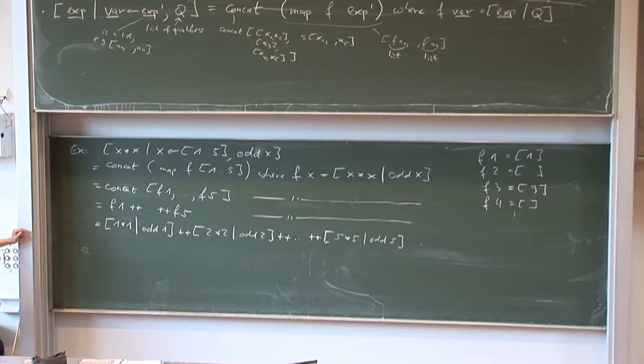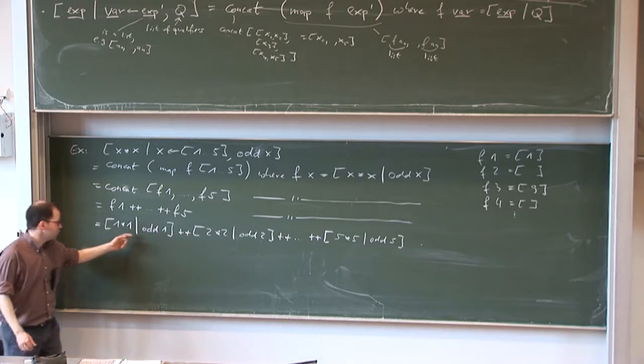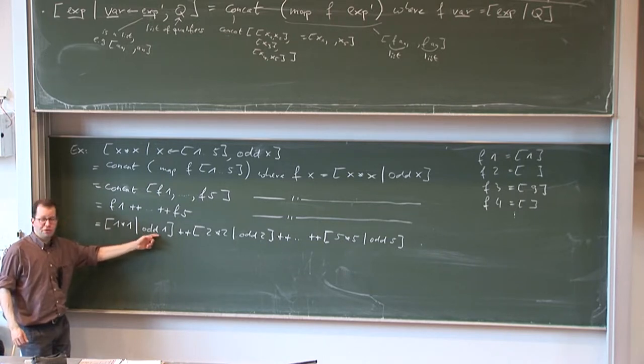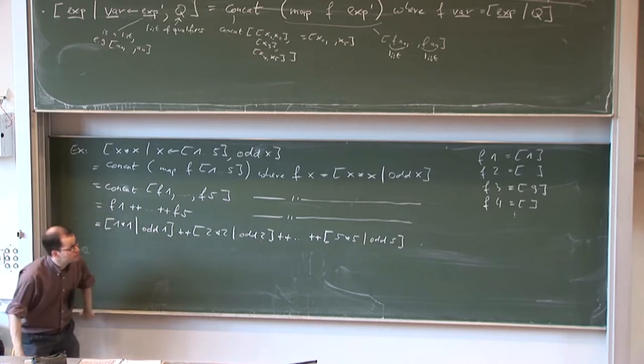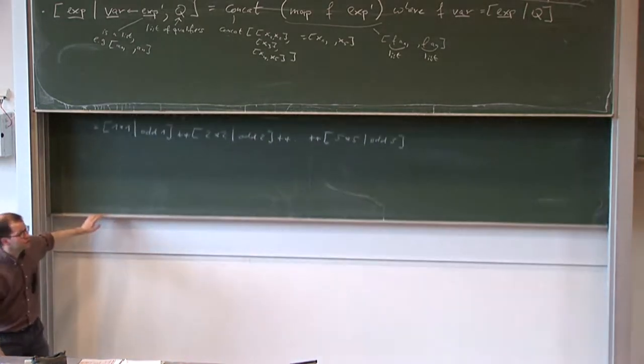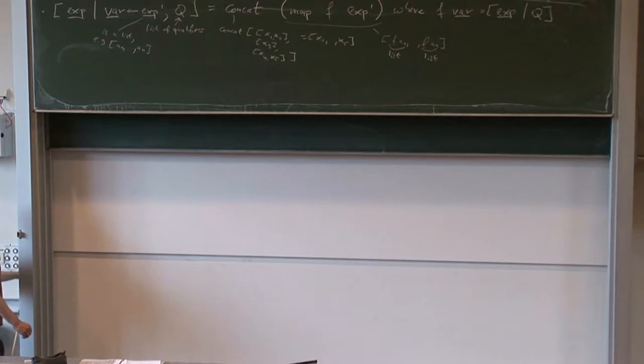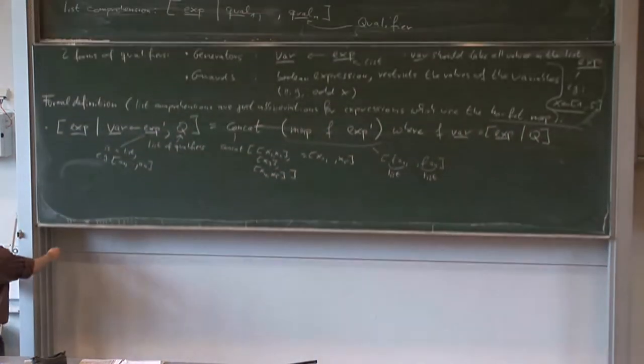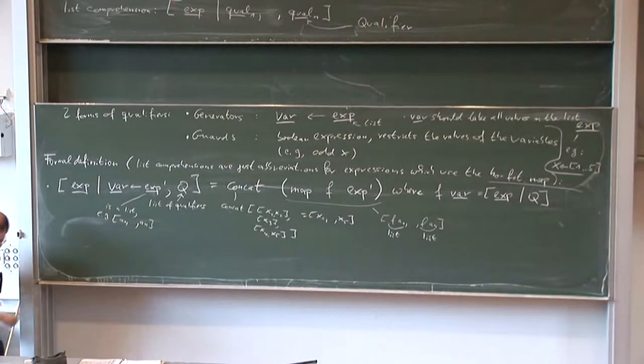So this is simply executing this definition. Okay, now to finish this example, we would have to know how to deal with list comprehensions where the first qualifier is a guard and not a generator. And therefore, to finish this example, we have to finish the definition. So let me do this.